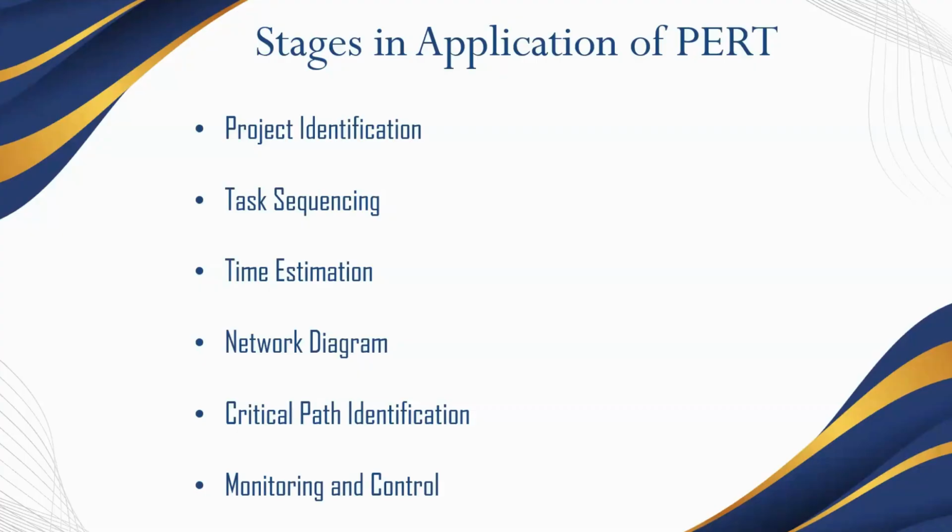Task sequencing. Identifying the dependency between the tasks, identifying the sequence in which they should undertake tasks if each of the activities has to be completed at a various stage. This implies that one activity may have to wait for another to complete, while some may be done in parallel. Develop a sequence of the activities based on their dependency.